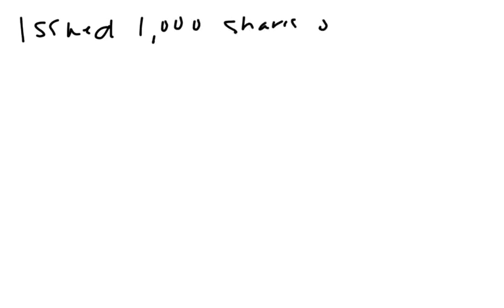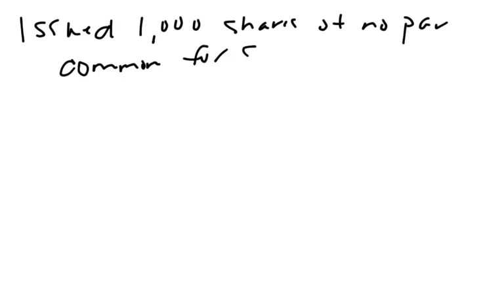What if you don't have par or a stated value? All right, so let's say that we've issued some stock. We issued 1,000 shares of no par or no stated value common for $5,000.